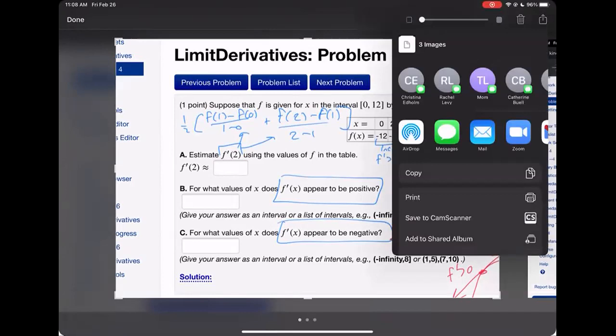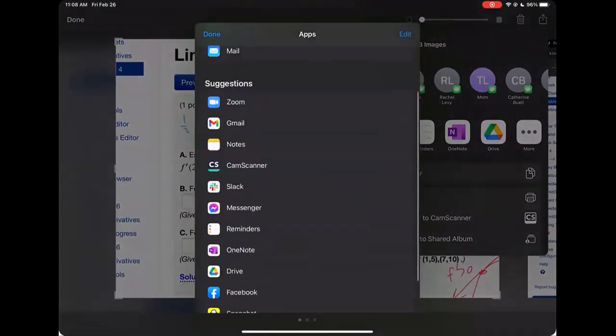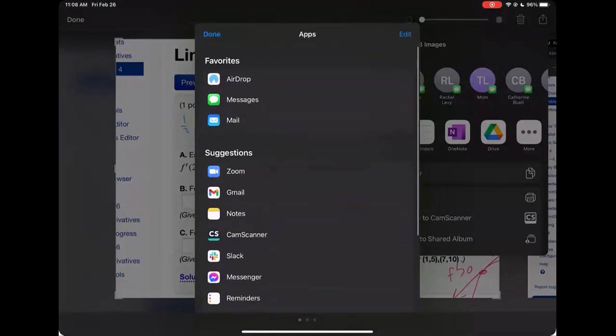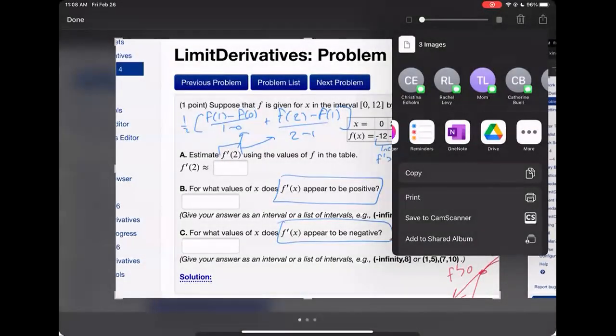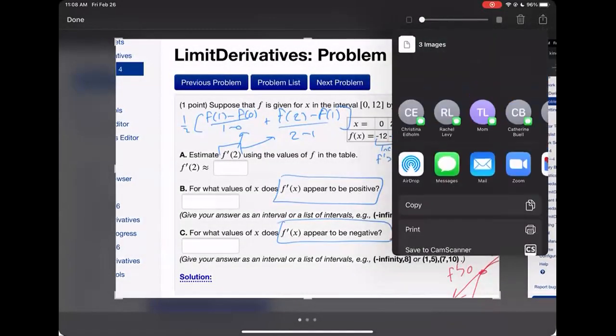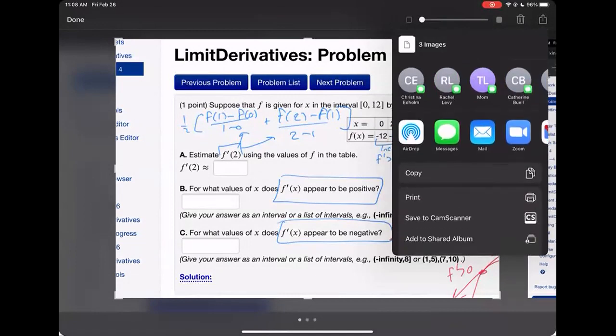Let me send this over to, oh, where is it? Why isn't it here? That's unfortunate.